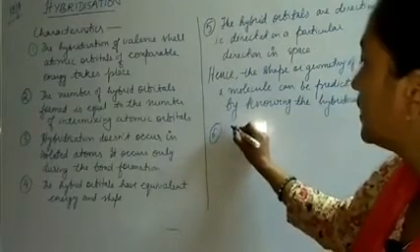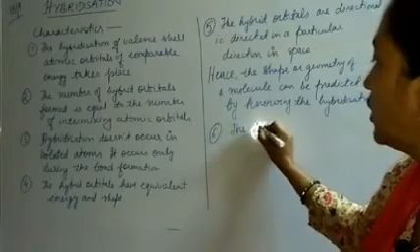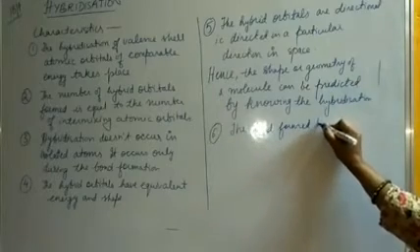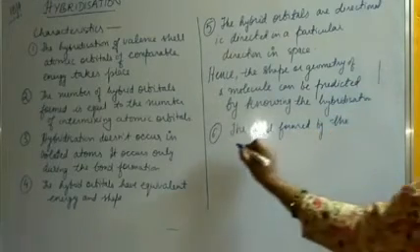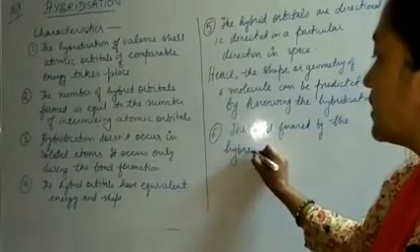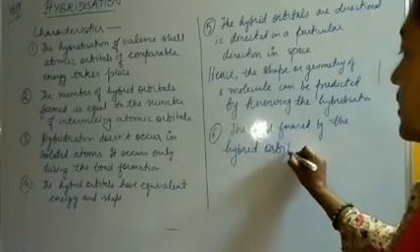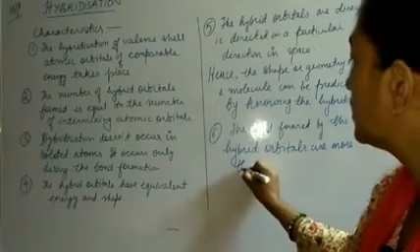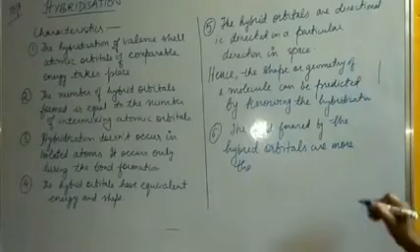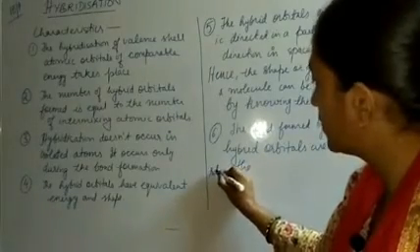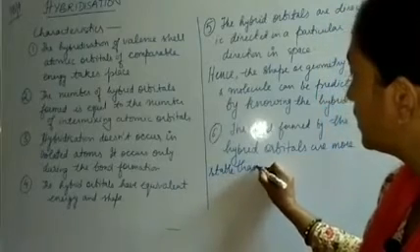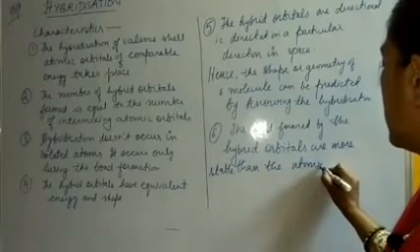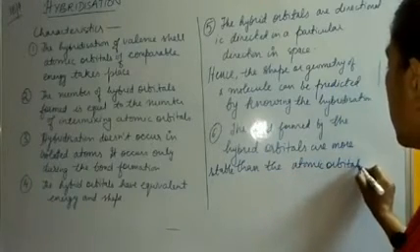Six is that the bonds formed by the hybrid orbitals are more stable than the atomic orbitals, right?